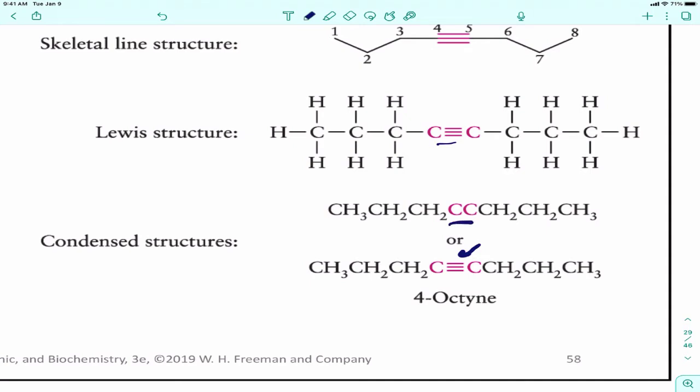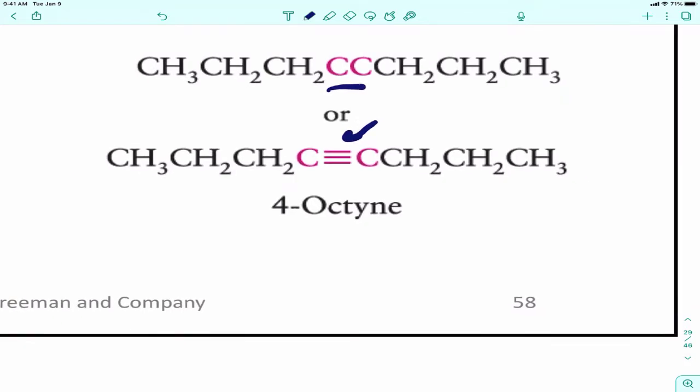Okay, so the name of this compound that we're looking at is actually called 4-octyne. So just like we did for the alkanes and the alkenes, let's break down this name. The YNE part is the ending, and that tells you specifically you have a carbon-carbon triple bond. OCT tells you the number of carbons.